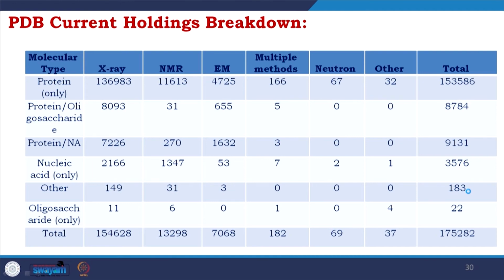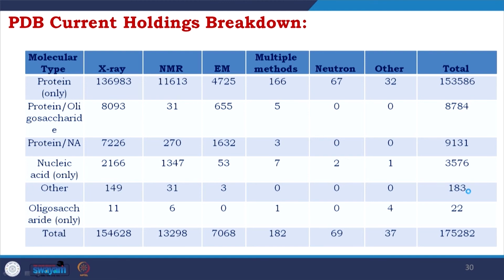There are other methods, neutron diffraction, combined methods and all, but if you combine protein-oligosaccharide, for X-ray 8,000, electron microscopy 655, whereas NMR 31. Protein-nucleic acid again 7226 for X-ray, 270 for NMR and 1632 for electron microscopy, showing the steady increase of a potential technique which we discussed in our previous classes.